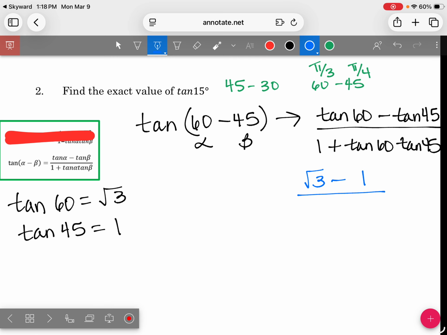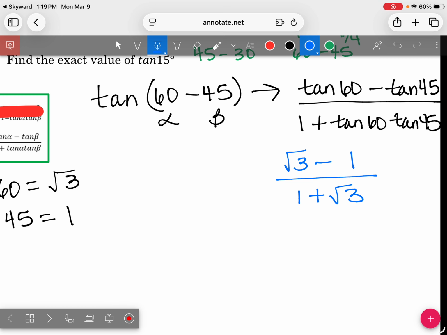Okay, and that's all over 1 plus the square root of 3. So just like before, we've got to get rid of our square root. We're going to multiply, but this time we're multiplying by 1 minus root 3. So let's go ahead and make your boxes.